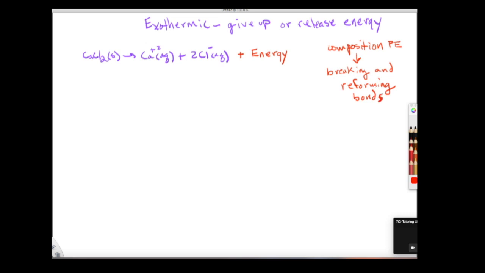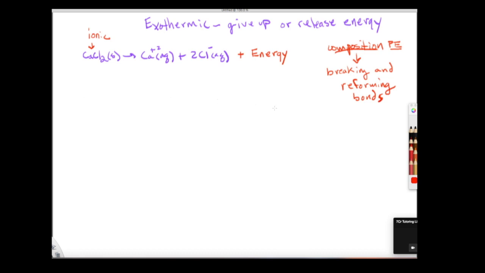And you can remember from your physics classes and from my class that we define potential energy as energy that's being stored in some form. So chemical bonds can store energy. So what we have going on with our chemical reaction here, we start out with calcium chloride, and that has a really strong ionic bond.